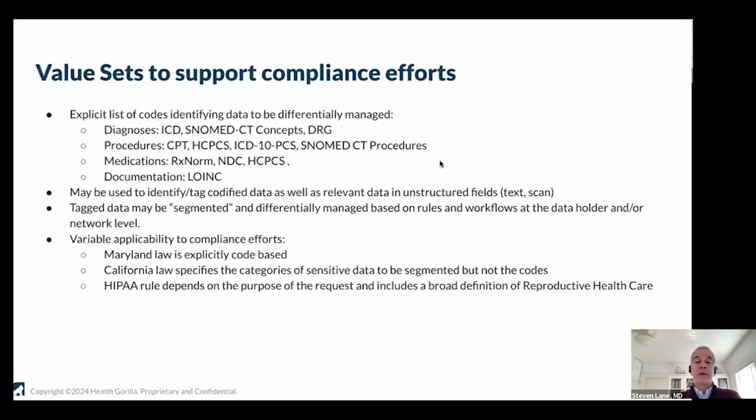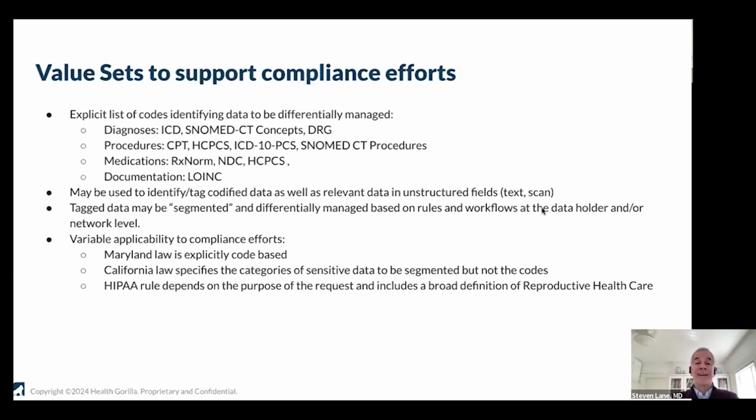So we're here to talk about value sets that have been developed and made available publicly to support compliance efforts. These are explicit lists of codes, which identify the data that needs to be managed differentially. And again, the initial focus has been on diagnoses, procedures, medications, documentation, realizing that there are sometimes multiple code sets that can be used to define that data.